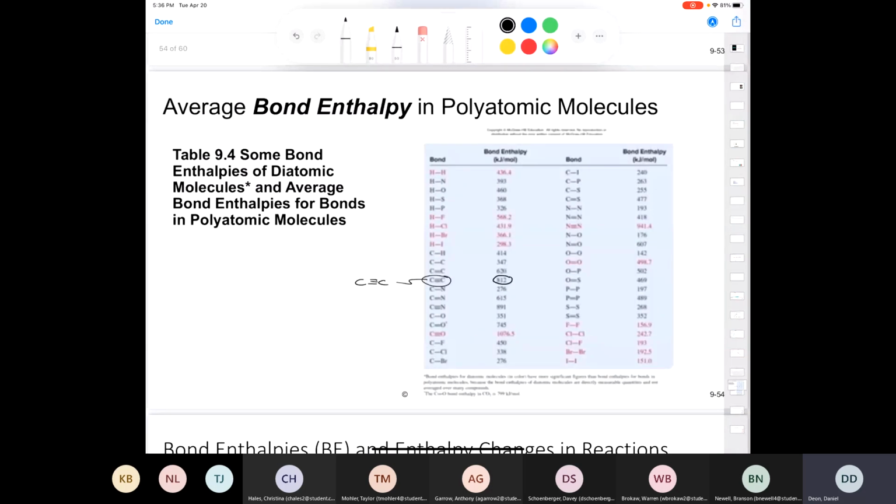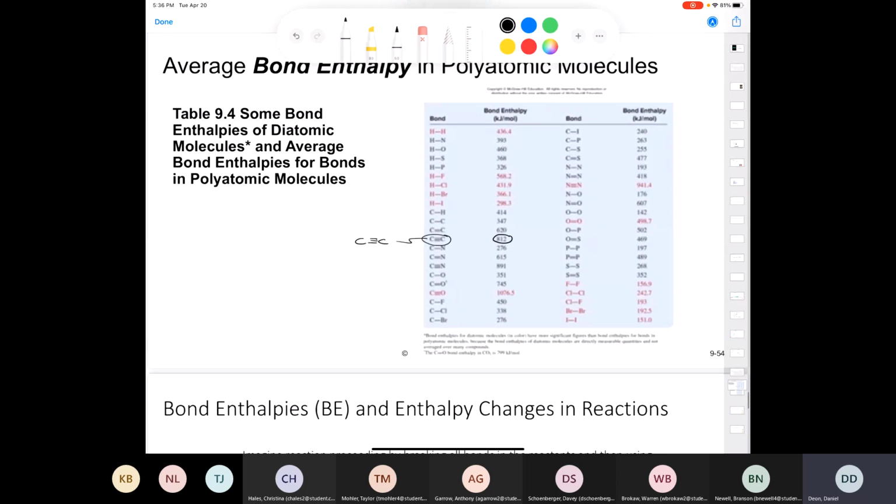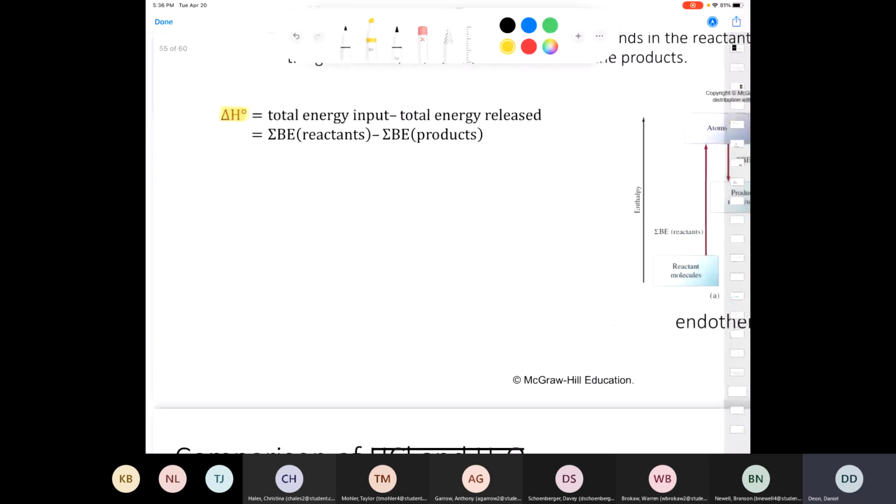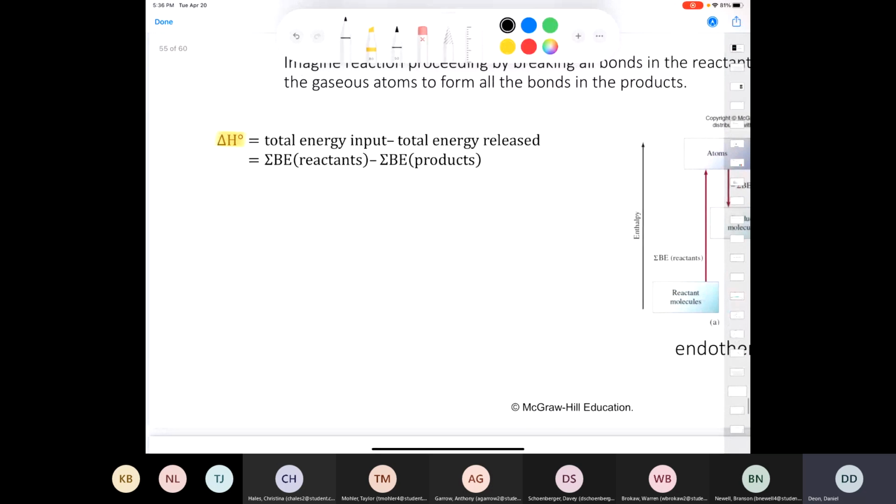Well, what's the consequence of the bond enthalpy being precise to the 10th place or being an average bond enthalpy? The consequence comes if we want to calculate the change in enthalpy for a reaction. You learned how to calculate delta H in chapter 6, in the thermochemistry chapter.